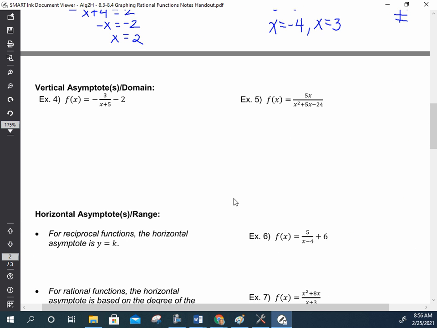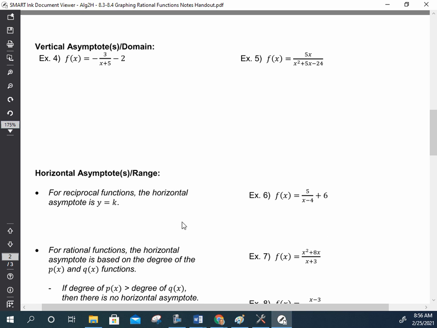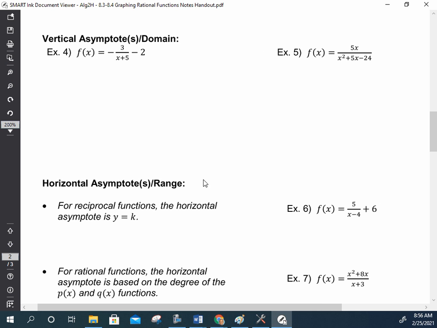All right. So vertical asymptotes, which are designed to help us with the domain. Remember, vertical asymptotes tell you where the graph would not exist. Where will the denominator equal 0?